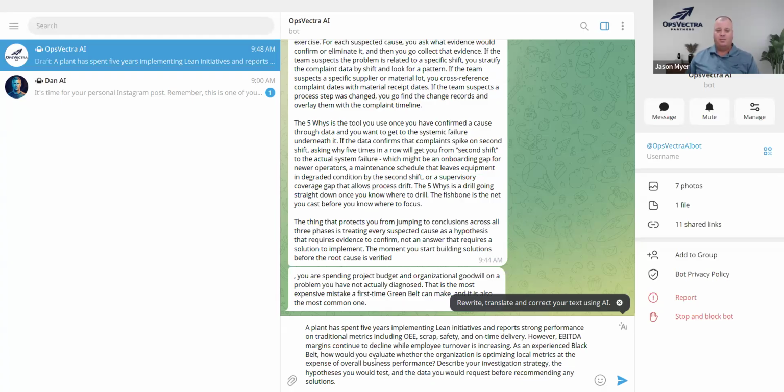However, EBITDA margins continue to decline while employee turnover is increasing. As an experienced black belt, how would you evaluate whether the organization is optimizing the local metrics at the expense of overall business performance? Describe your investigation strategy, the hypotheses you would test, and the data you would request before recommending any solutions. So, really detailed question there.